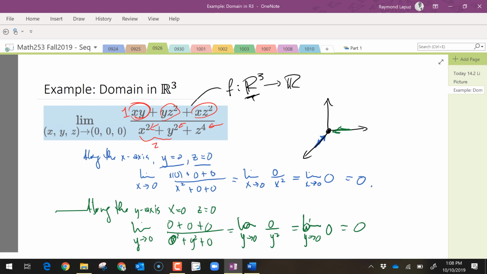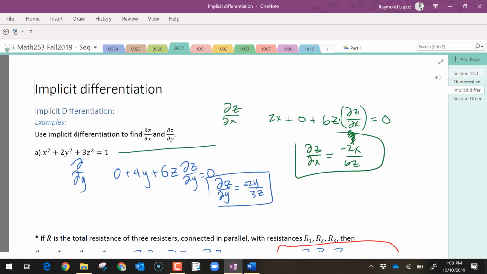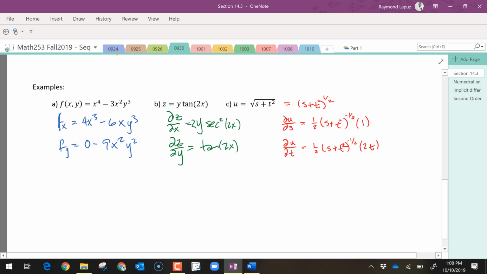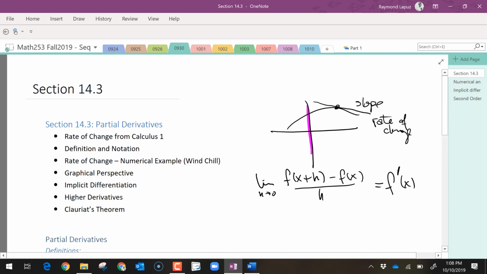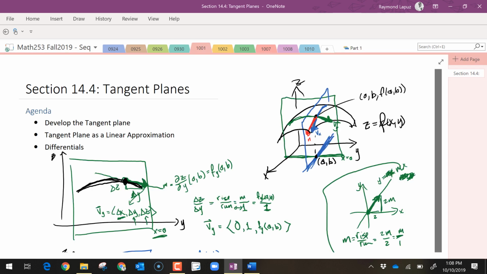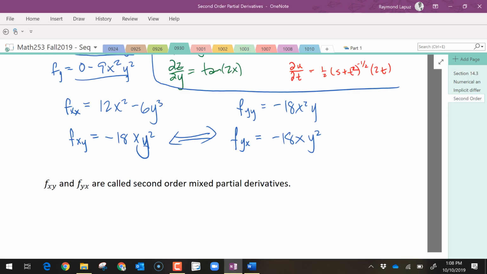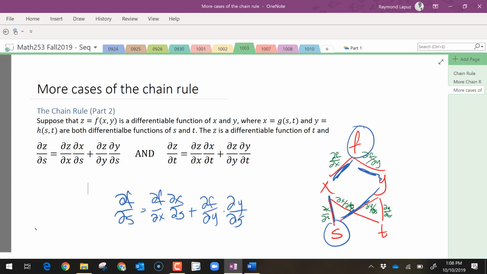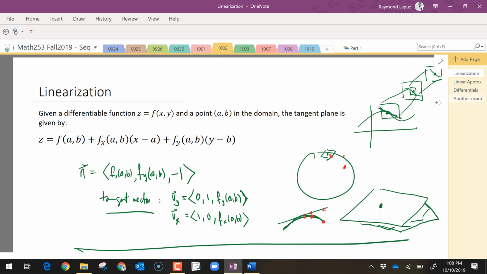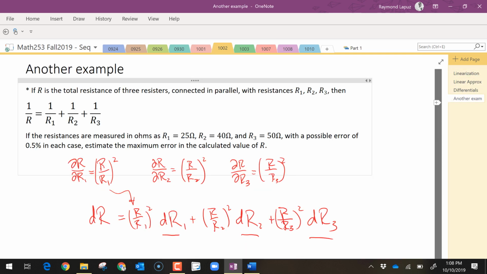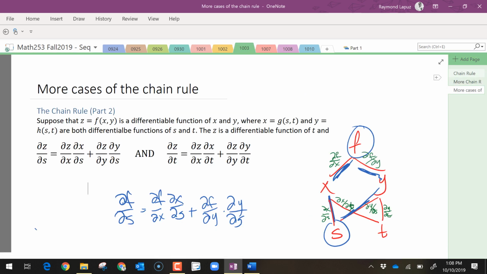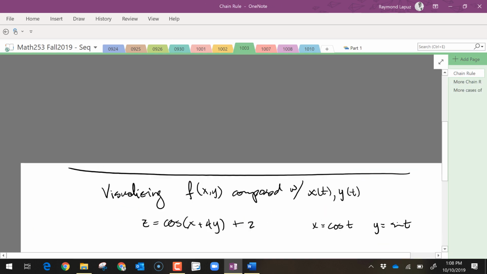In fact, when did we start doing the chain rule? Oh, such a long time ago. October 3rd? Really? Let's see when we first started doing the chain rule. Oh, first page.